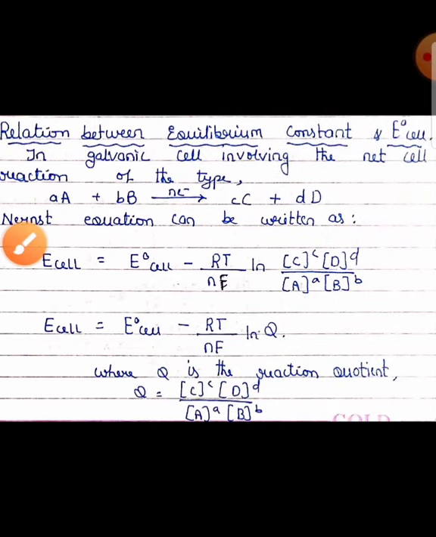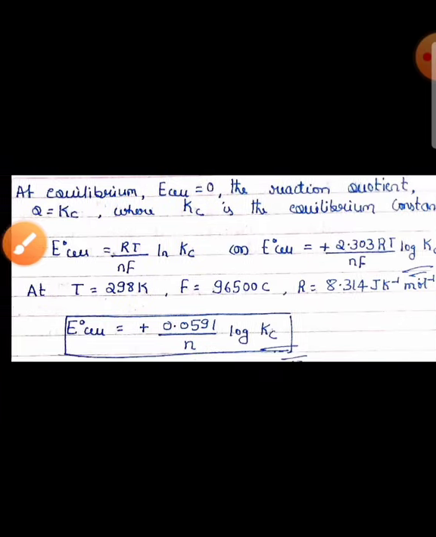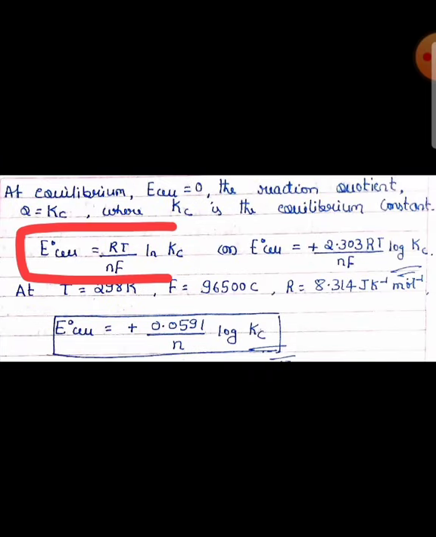For this particular equation, if E cell is 0, then we take this E naught cell to this side, then minus becomes plus. Then we get E naught cell is equal to RT by nF natural log of Kc. Now to convert natural log of Kc into log, as I said, 2.303 you have to use.